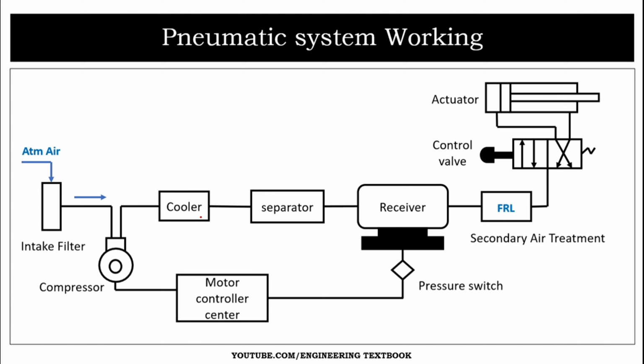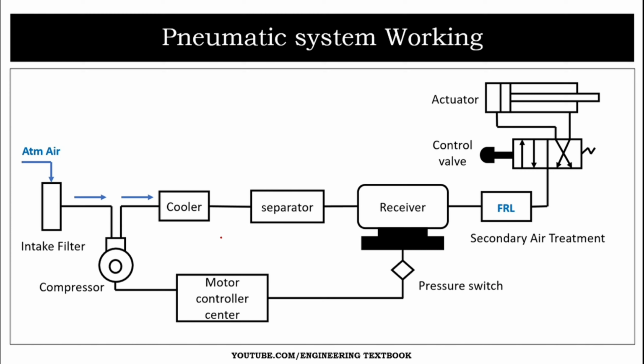The next step is that the compressed air is transmitted to the air cooler, which reduces the temperature of the compressed air, but its pressure remains the same, so that we can use the compressed air further.